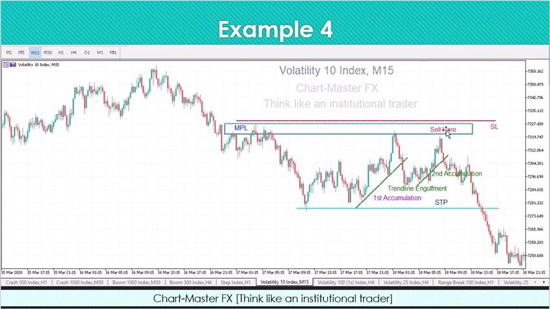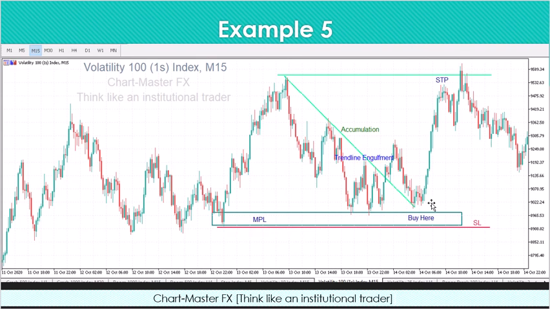Then you can place your trade here. You put your stop loss above the MPL, and the price was able to drop to the area where we were anticipating our safest take profit, and our first take profit was hit here, guys. So that's it here on volatility 10 index M15.